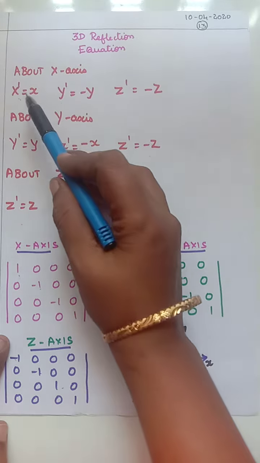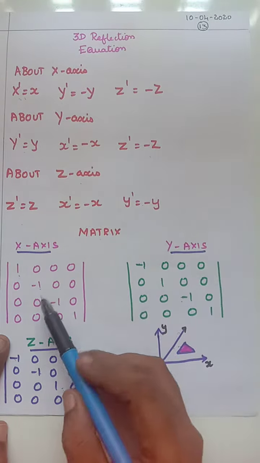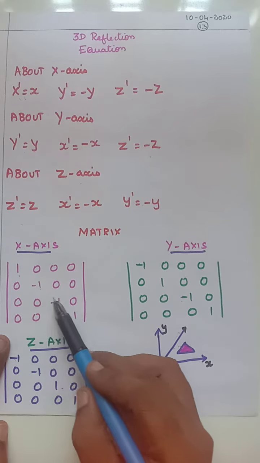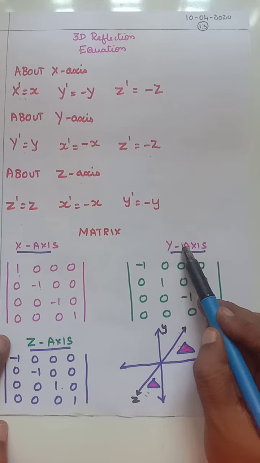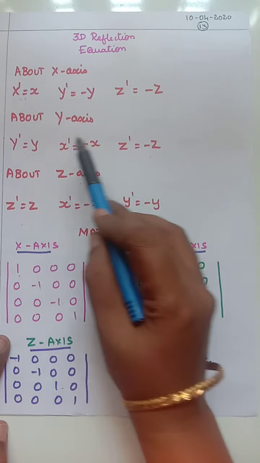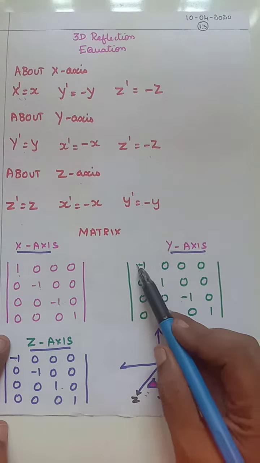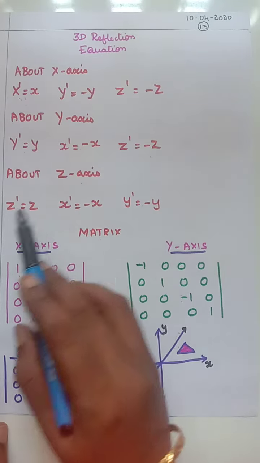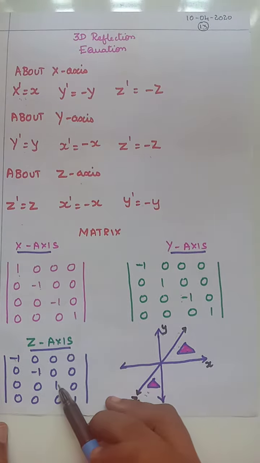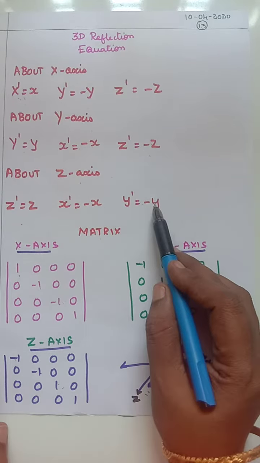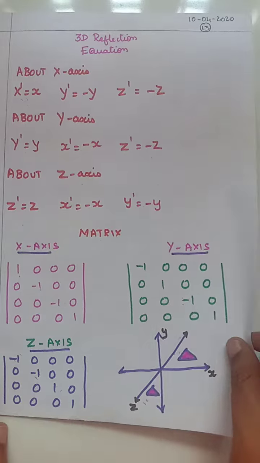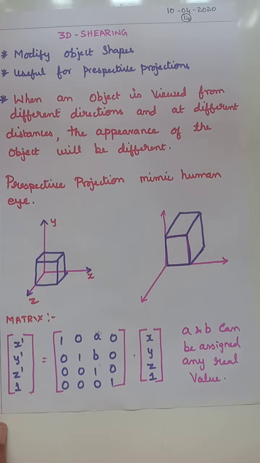So for x-axis, x is the same and y and z are minus 1, minus 1. Similarly for y-axis, y is the same value, but x and z get minus 1, minus 1. Similarly for z-axis, z remains 1, but x and y get minus 1, minus 1.